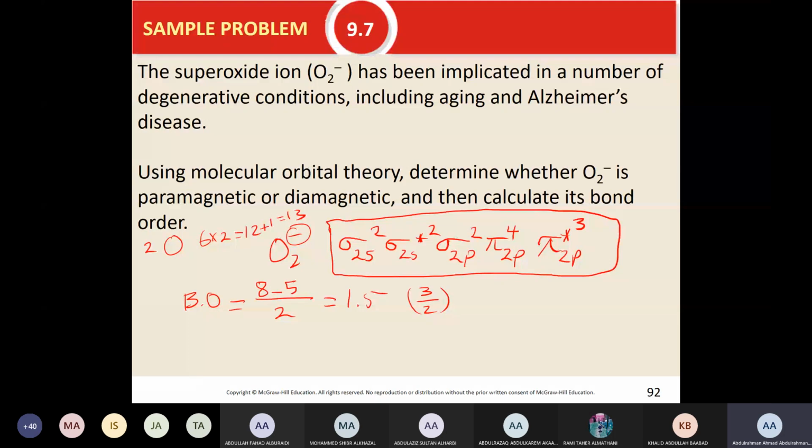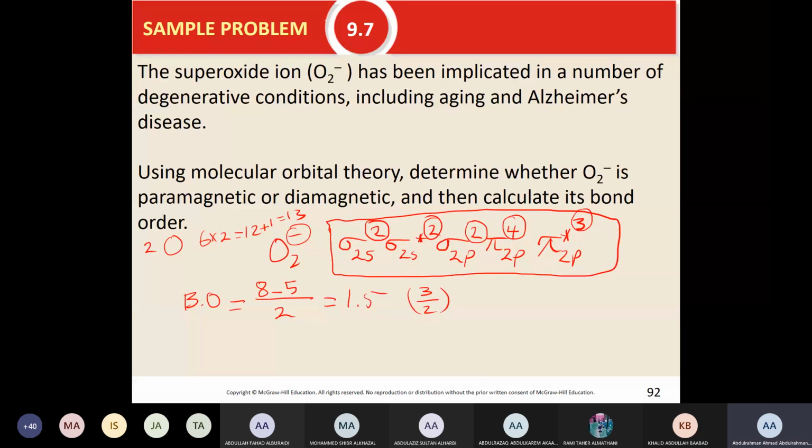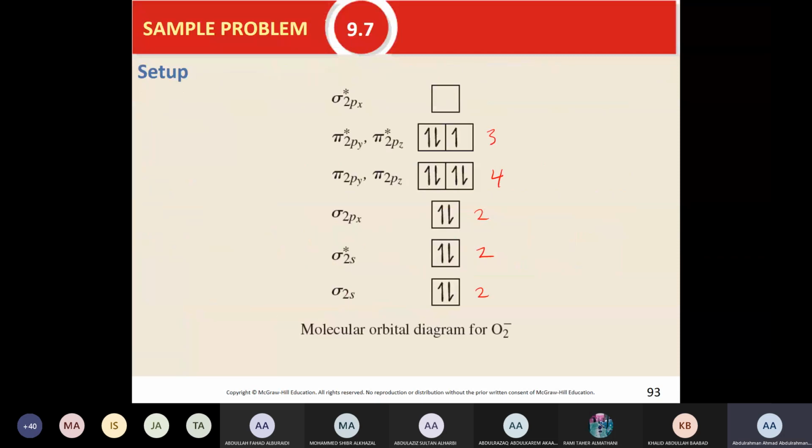We distribute the 13: 2 here, 2 here, that's 4, plus 2 is 6, plus 4 is 10, and 3 are left. That's why we put them in the diagram: 2, 2, 2, 4, 3. These are the electrons.